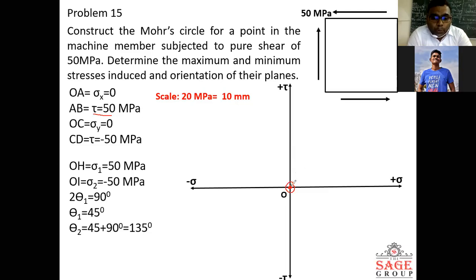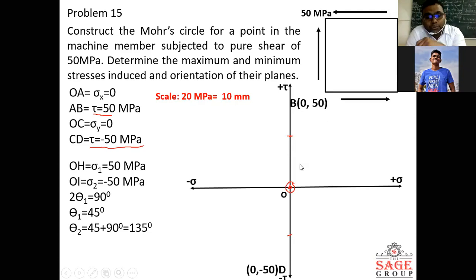You draw the 2.5 centimeter line along the y-axis. Suppose it comes here. The same procedure is repeated for CD, so it comes downward here. Like this, we have marked B, and here we mark minus 50, the real 50.